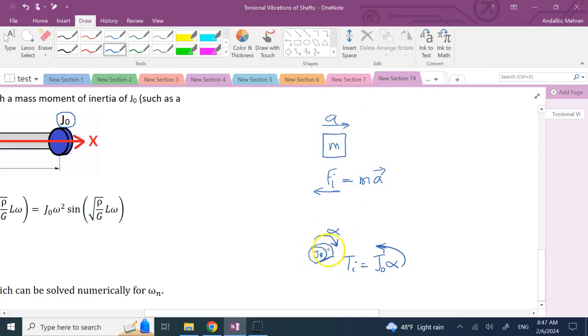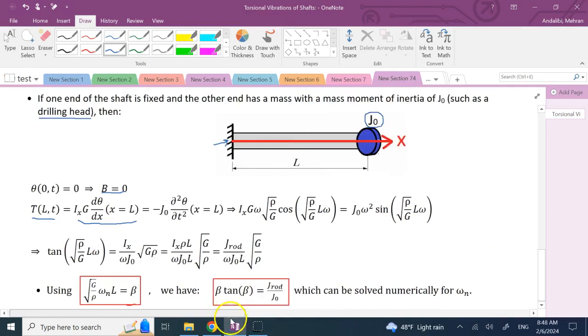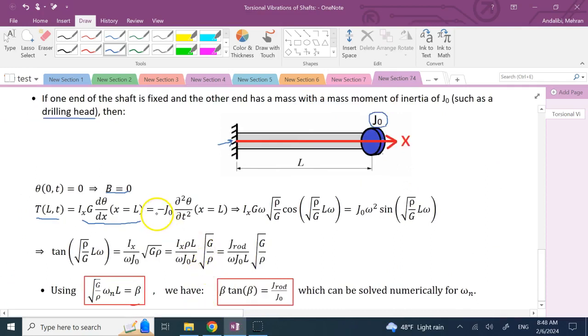So if you have an inertia of J naught with angular acceleration alpha, the inertial torque for it is J naught times alpha in the opposite direction. So this is what we're going to use here, J naught times alpha, and this negative is for opposite direction, and alpha is the second time derivative of theta.